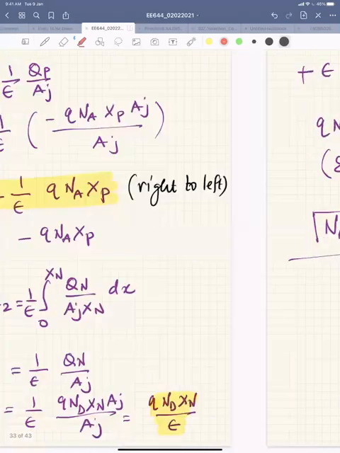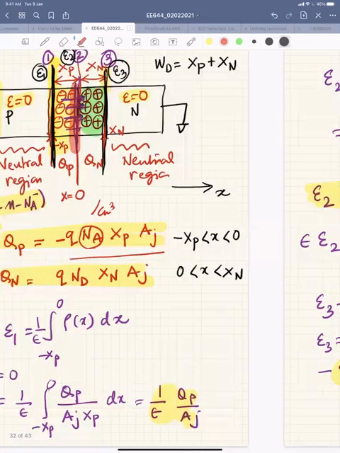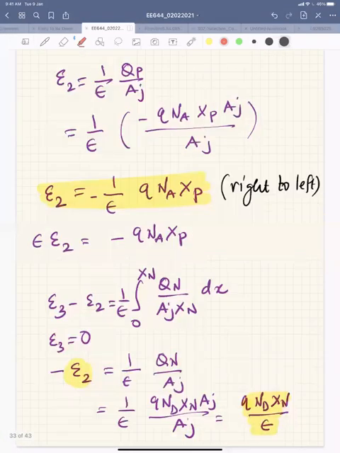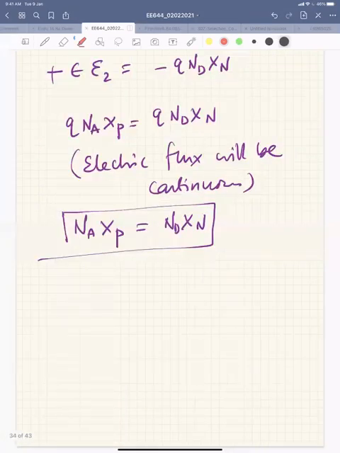The flux coming from the XP region is QNA times XP. The flux entering the XN region is QND times XN. So those two fluxes will be equal, and we have NA XP equal to ND XN.